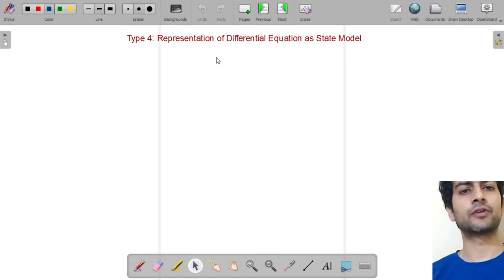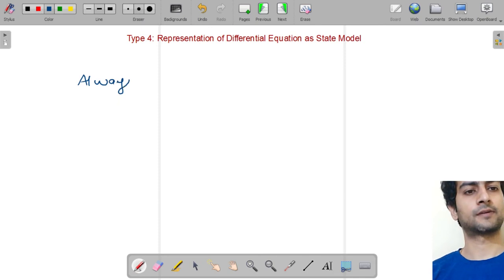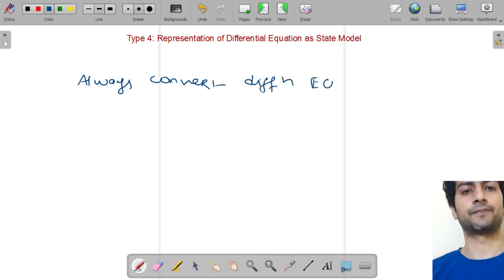Always convert the differential equation into a transfer function.